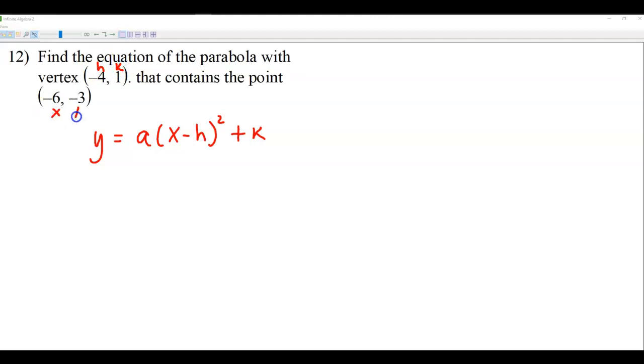These other 2 points are any random x and y values. So if I plug those in where they go, I will plug the h in here, I will plug the k in here, I will plug the x in here, and the y value in here. So putting all those numbers where they belong, I would have the following.